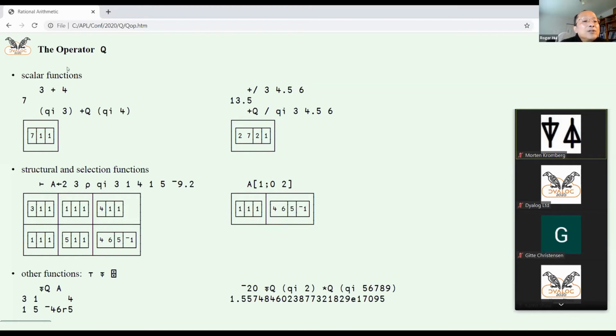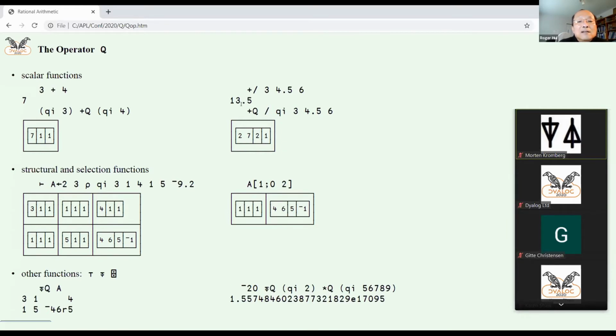Okay, so now having these rational numbers, how do you work with them? Well, there's an operator Q. The operator Q, capital Q, accepts a function argument, of course. And for scalar functions, instead of saying, for example, plus, you just say plus Q. It requires the arguments to be rational, so you have to apply qi to the arguments. And it returns a rational number result, usually.